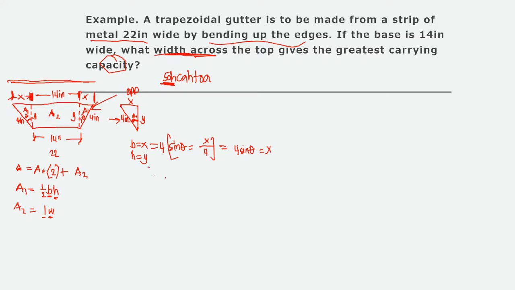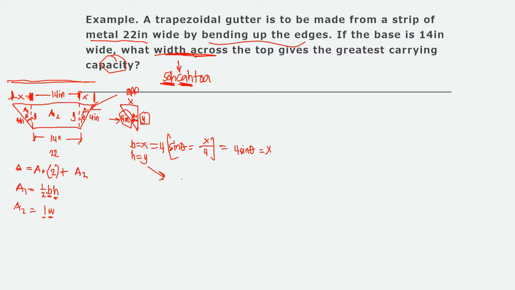Now, for the y, we need to use 4 and y, because if we use x and y, there would be two unknowns. So we need to utilize the trigonometric function that involves the hypotenuse and the adjacent, and that is cosine. Cosine is adjacent over hypotenuse.